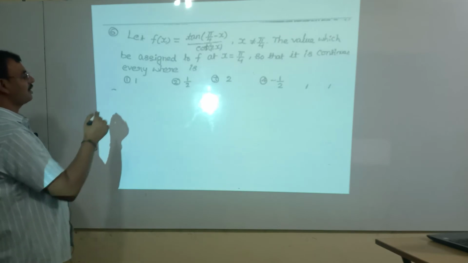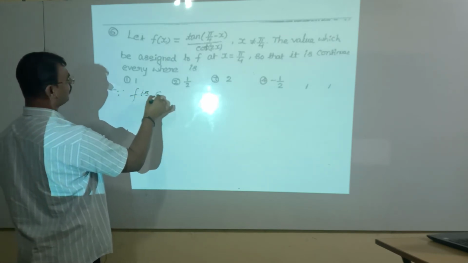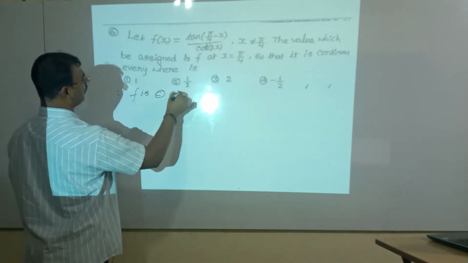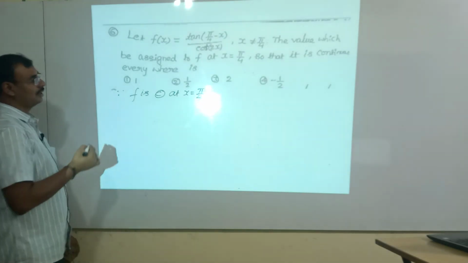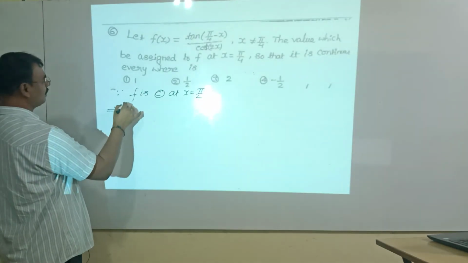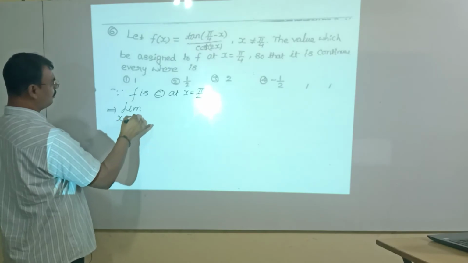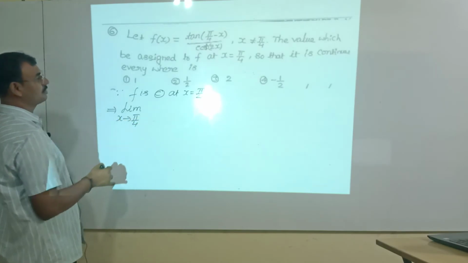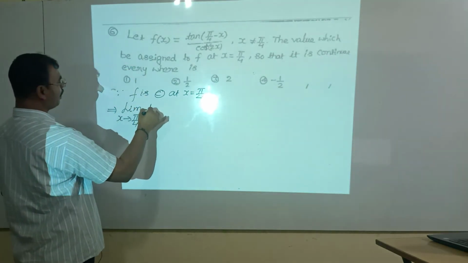Since f is continuous at x equal to pi by 4, what is the meaning of this? The limit of f of x as x tends to pi by 4, what is the f of x value?